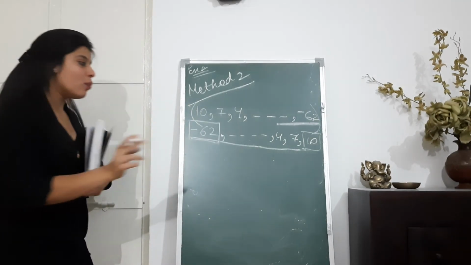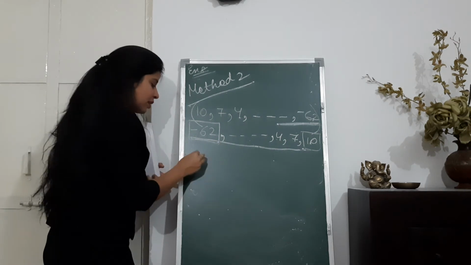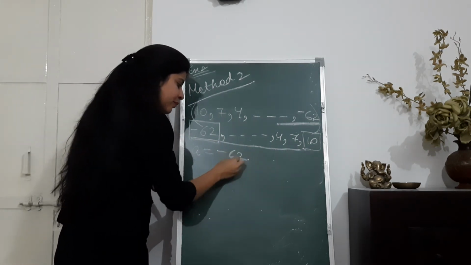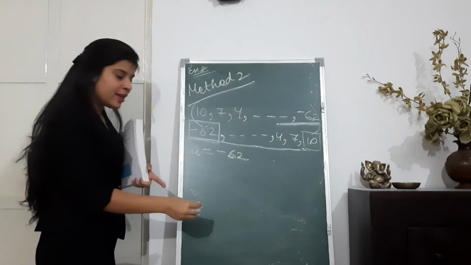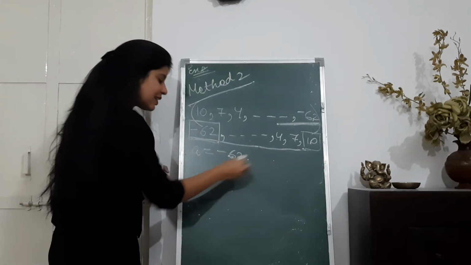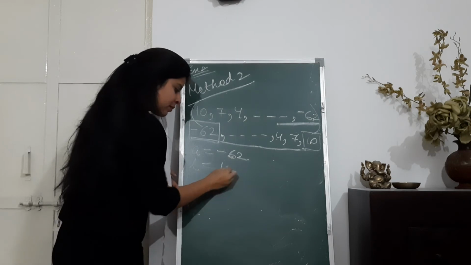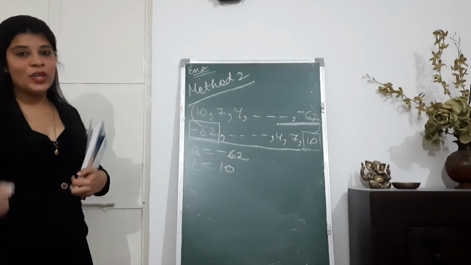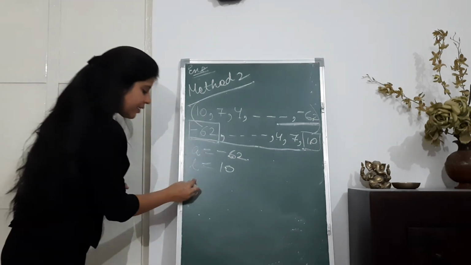Now let us see what will be A here. The first term here is going to be minus 62, right? What is your last term here? It is 10. What is your common difference here?